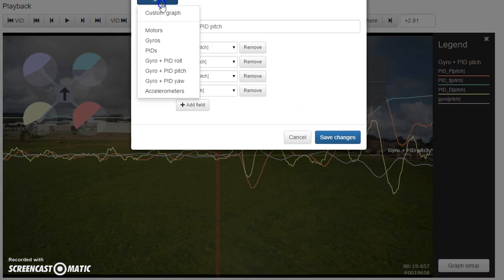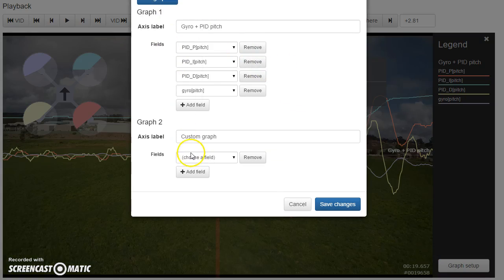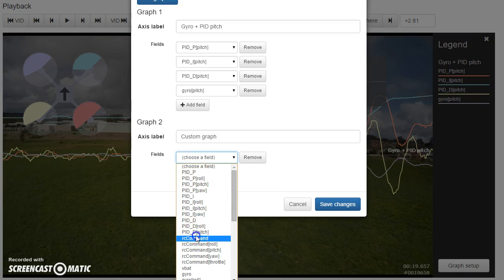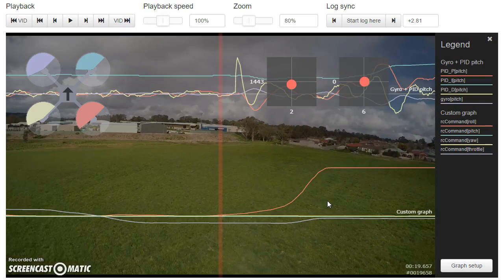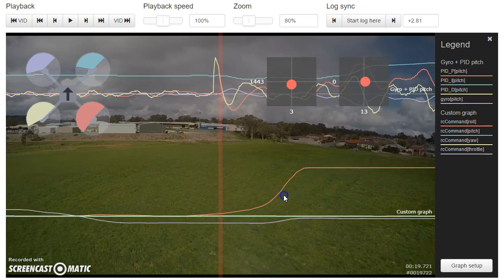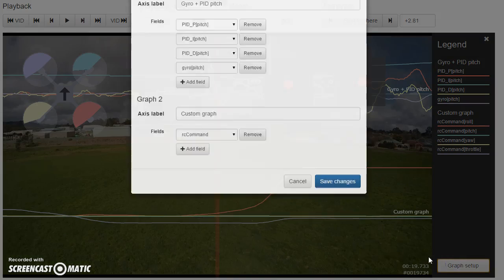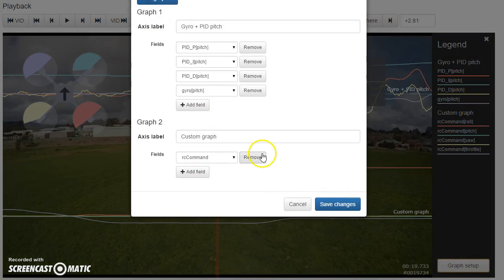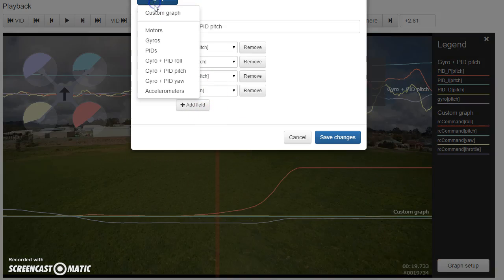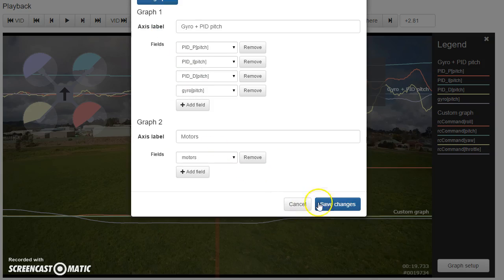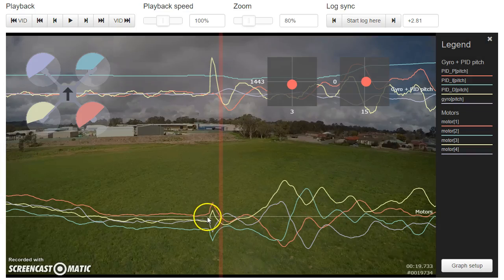Just out of curiosity, I'm going to look at your RC command and see if it has anything to tell us. And no, nothing is really happening there in RC command that might have created an error source. And just out of curiosity, let's see what your motors did. Yeah, so your motors definitely blipped.